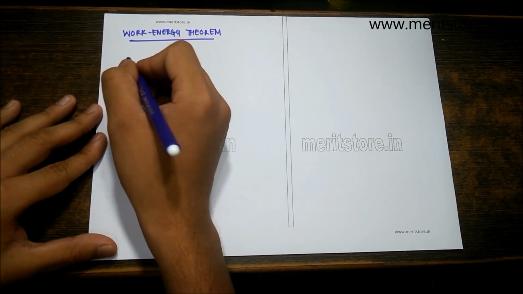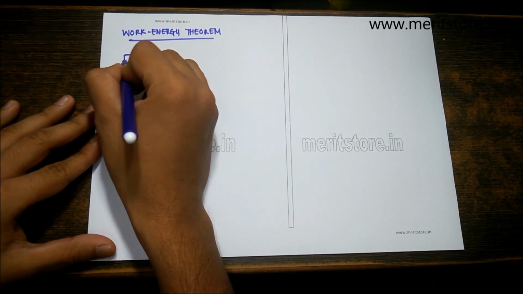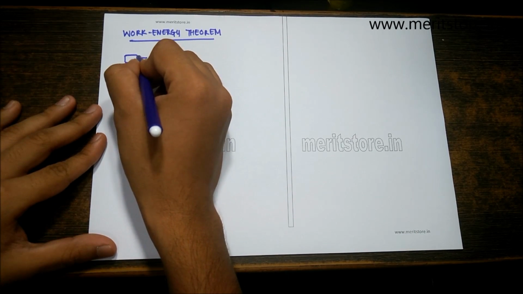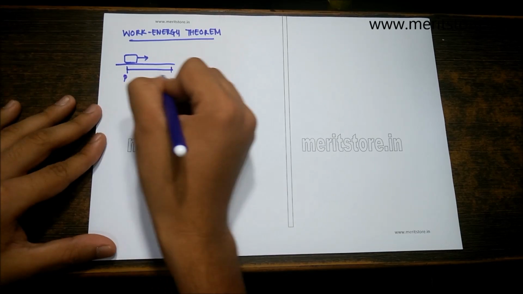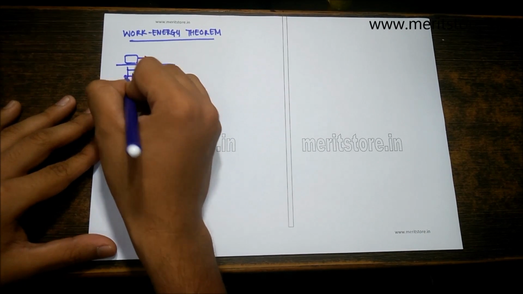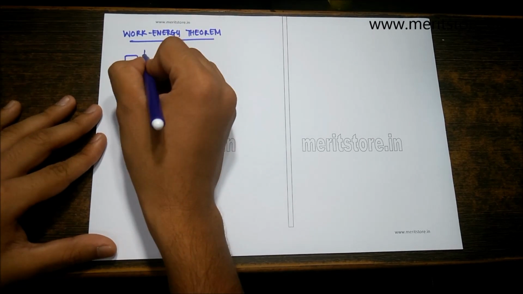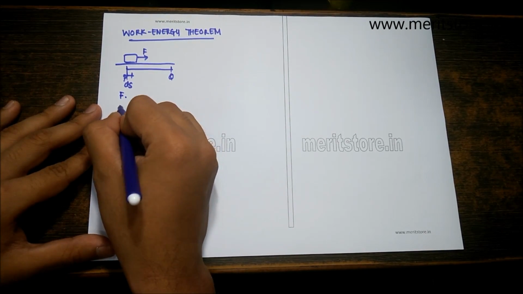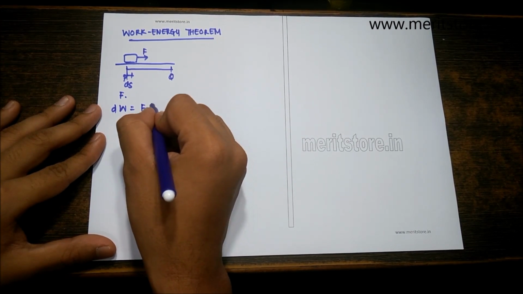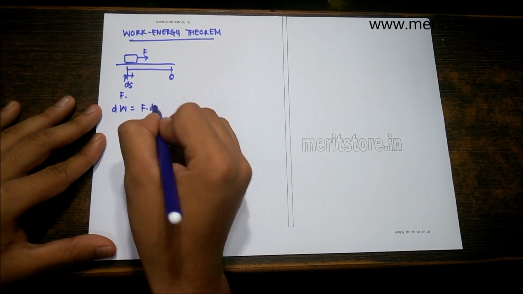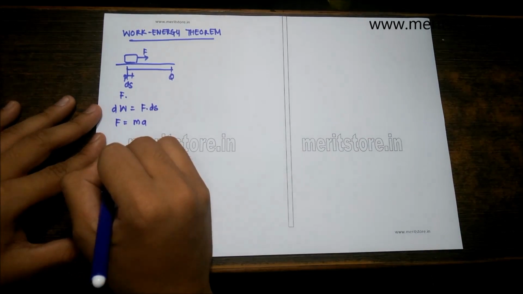So let's say we have a body which is at rest on a surface, and we want to move this body through a small distance PQ. Let's say it has moved by a small distance ds after a force F is applied on the body. So we know that the small work done dW is equal to F times ds, but we also know that F is equal to mass into acceleration.